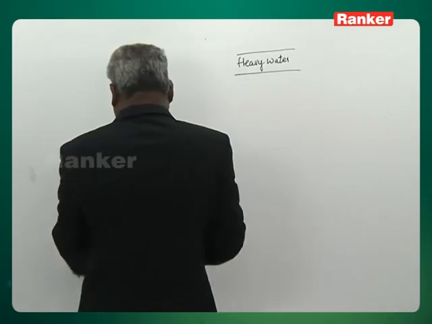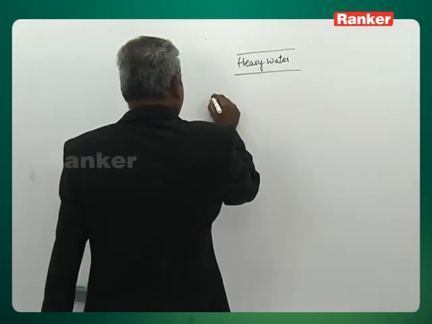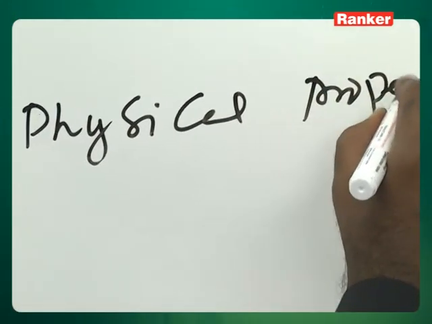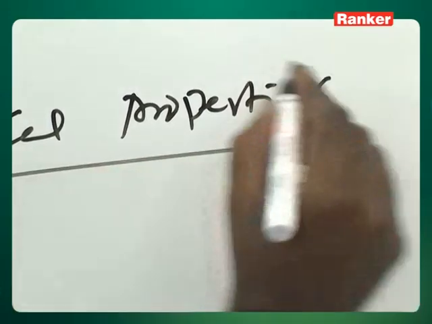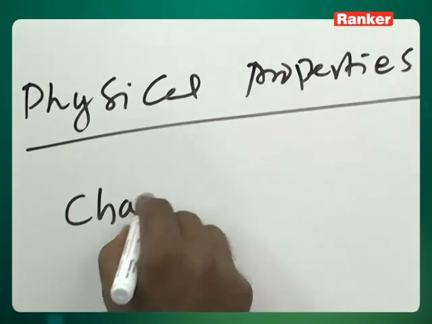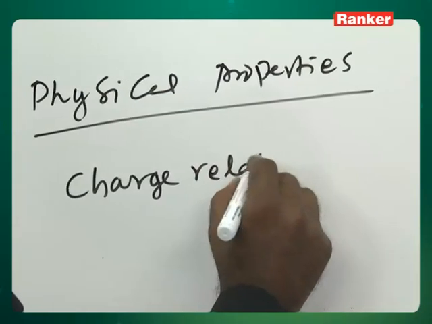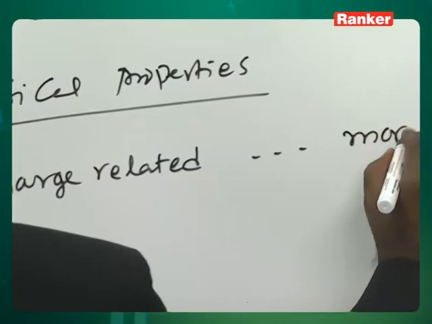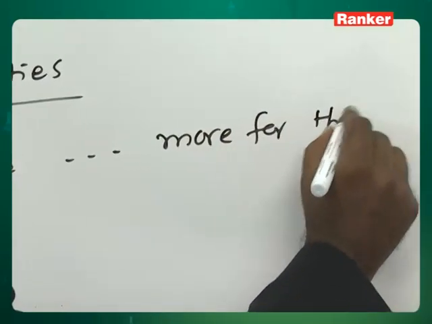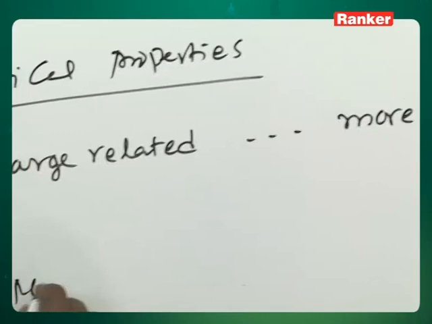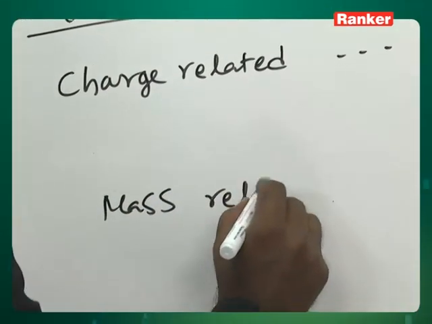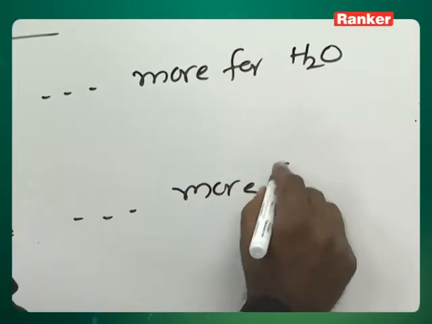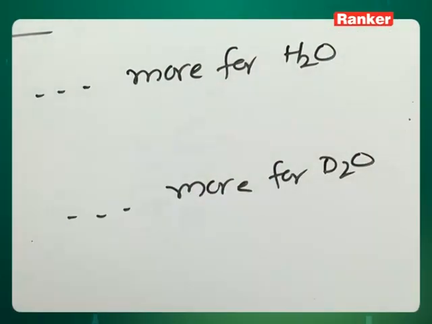And when it comes to physical properties, charge related properties are more for H2O, and mass related properties are more for D2O. Let me explain what I mean by this.